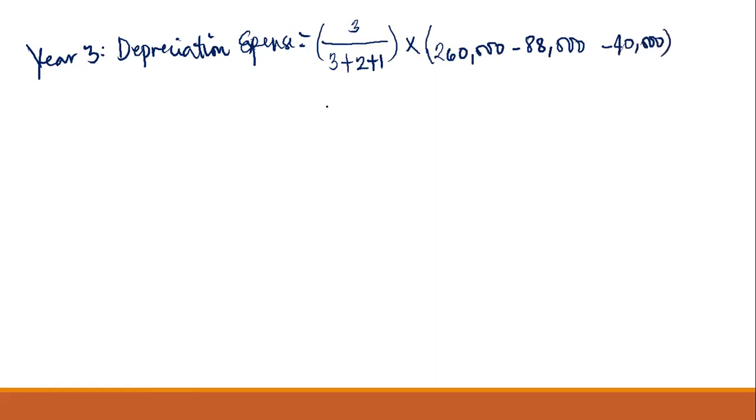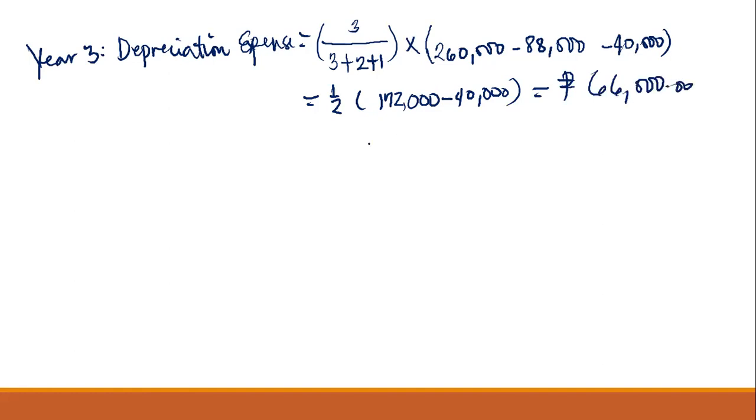So this is equal to 1/2 times 172,000 minus 40,000. So on the third year, the depreciation expense is 66,000 pesos.